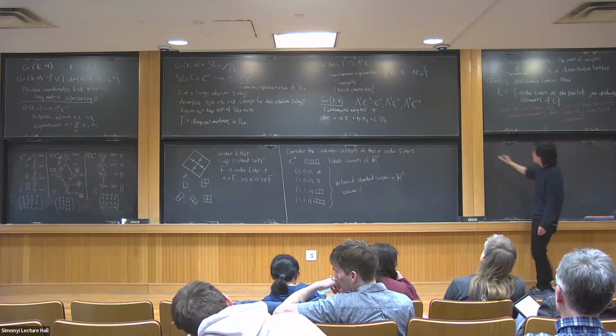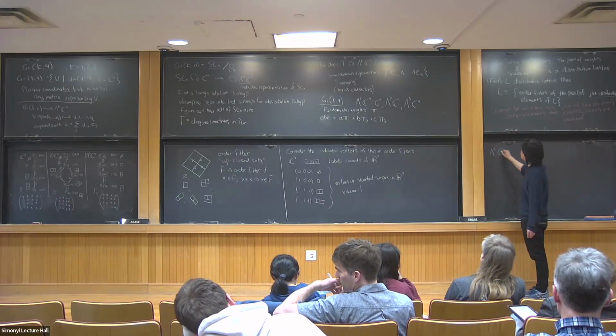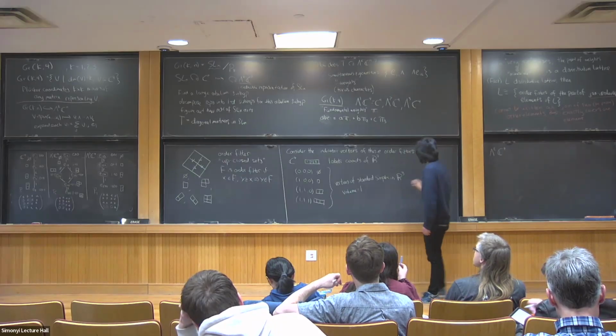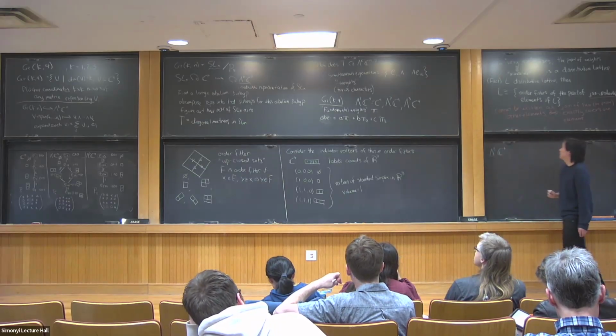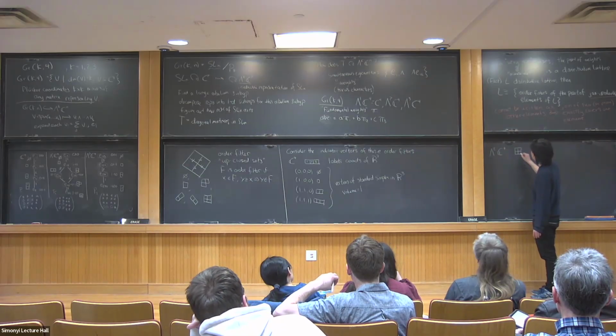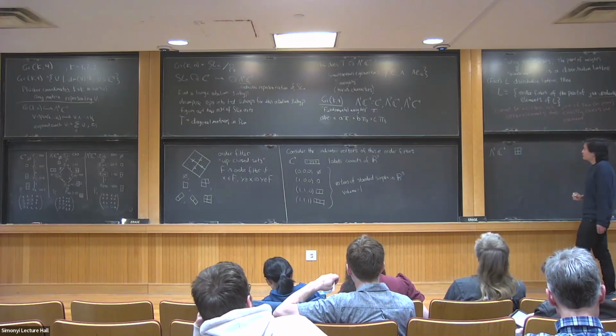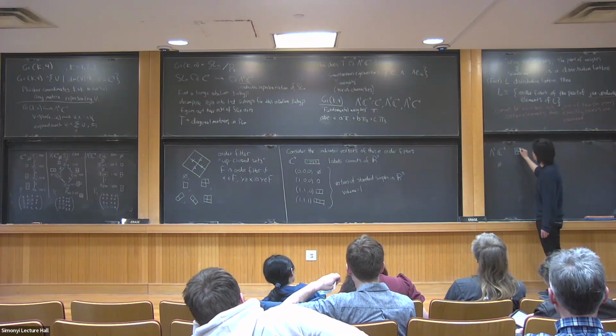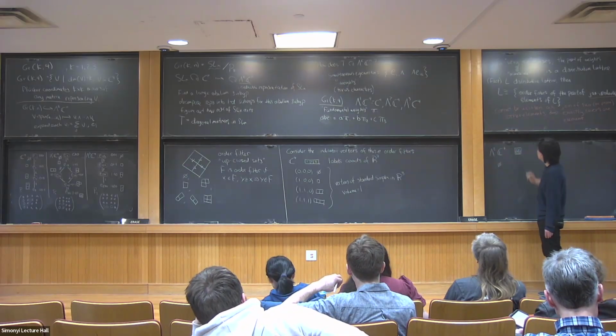All right, so let me do the same thing for wedge 2. Here was my set of join irreducible elements, and I'll label these 1, 2, 3, 4.